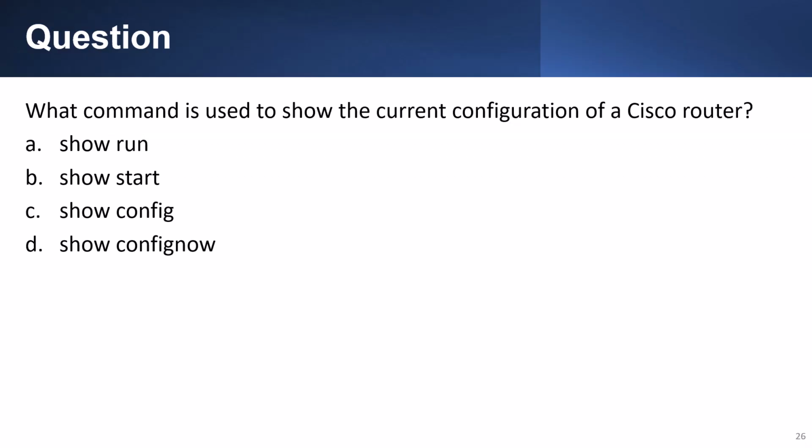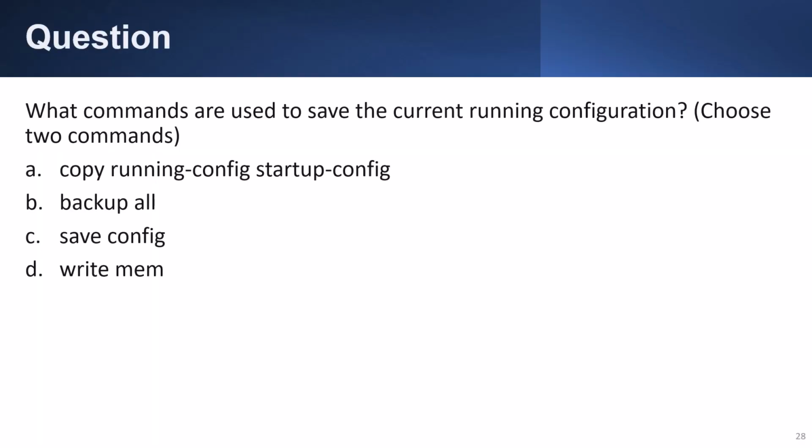Question: what command is used to show the current configuration of a Cisco router? Answer: show run. Question: what commands are used to save the current running configuration?